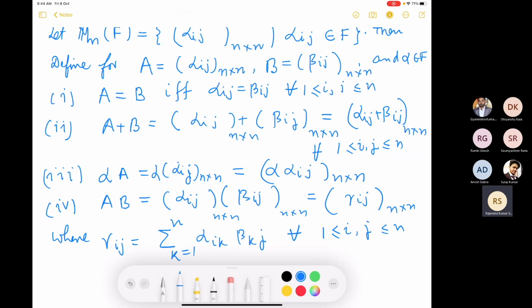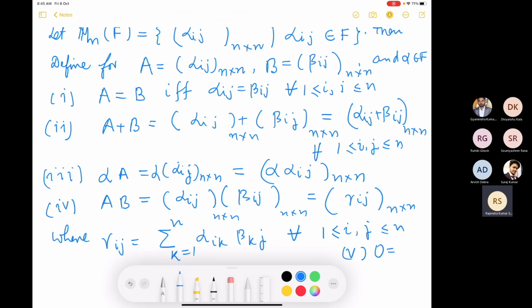If you define like this, then we can also see a few other things. The zero matrix, or the null matrix, means all entries are zero, so you can also define the zero matrix.